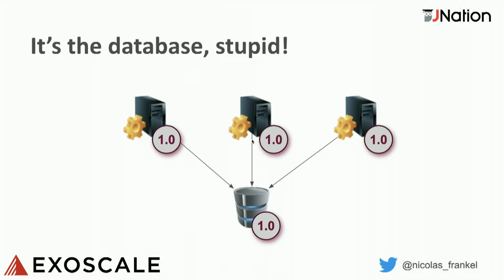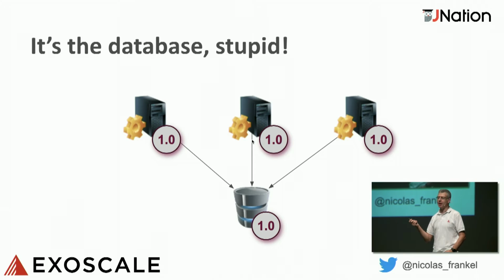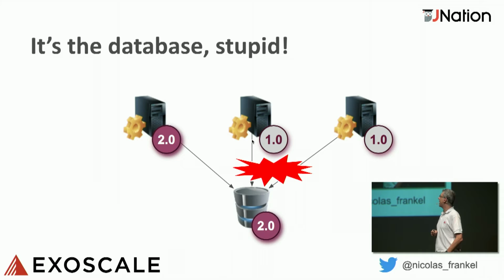If we do the same thing with the database, what will happen? We start our rollout, and it doesn't work anymore because we have an incompatible database schema change. So Kubernetes doesn't handle that, of course.